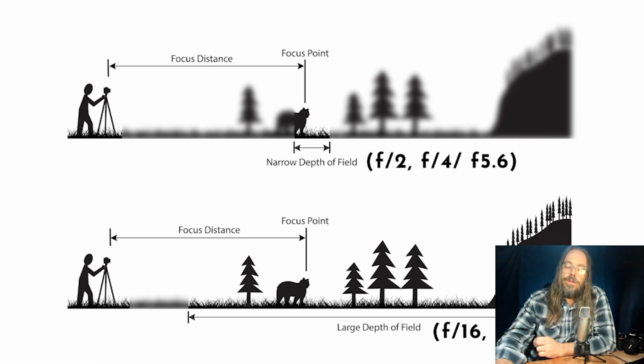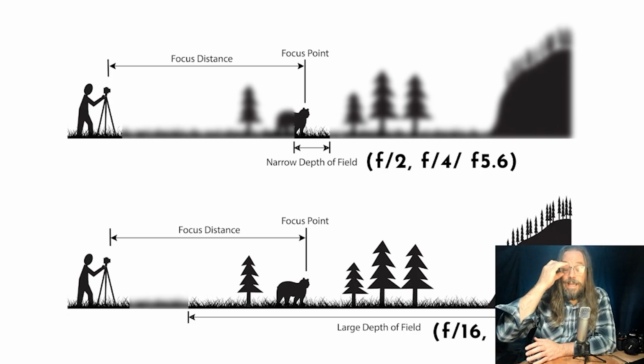Try this out. Find a pine cone. I do this for my first year students when I'm teaching this class live and in person. This is called the pine cone test, and I have them set a pine cone up and take a photograph of it at their largest, widest aperture, like f4 or f5.6, whatever that is.